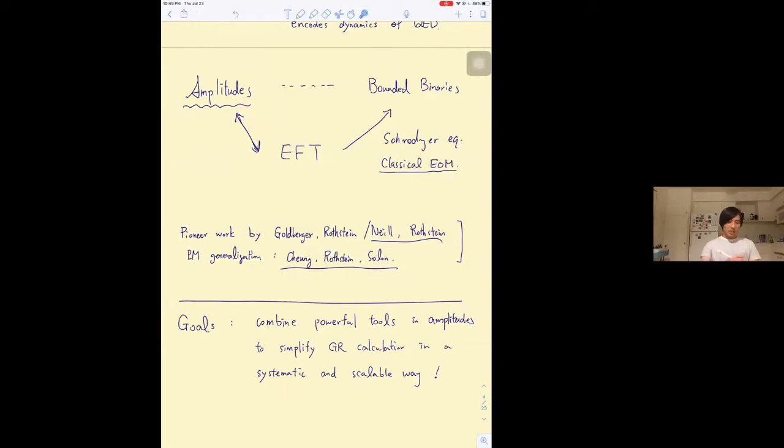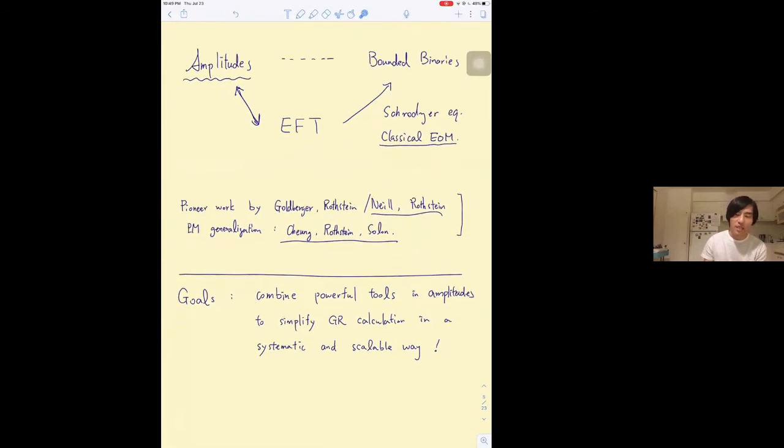So the goal is to apply these powerful tools to bootstrap the corresponding effective action, and we can use that to study binaries. And of course, GR is a very mature subject, so we have a lot of understanding of the corresponding dynamics of this binary. For this to be successful, it's important to build a systematic program such that we can simplify the GR calculation in a systematic and scalable way. So that's the idea of this program.